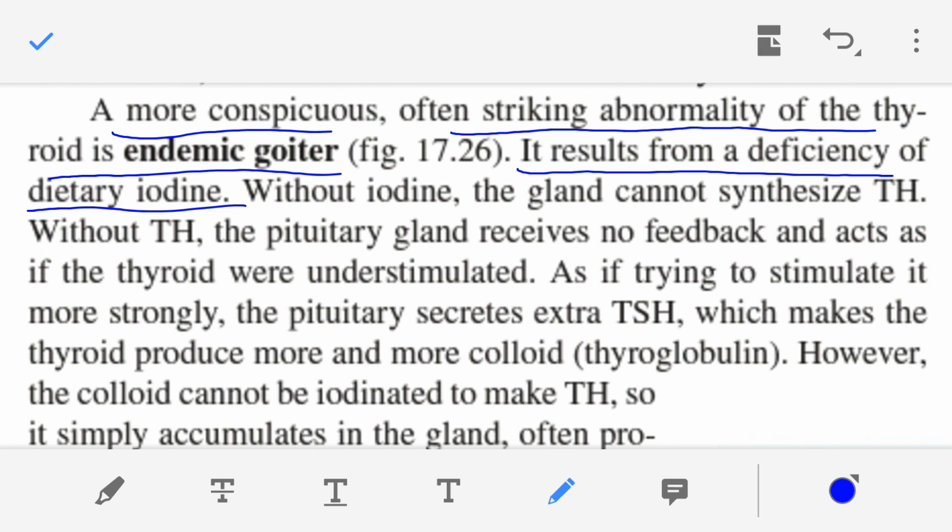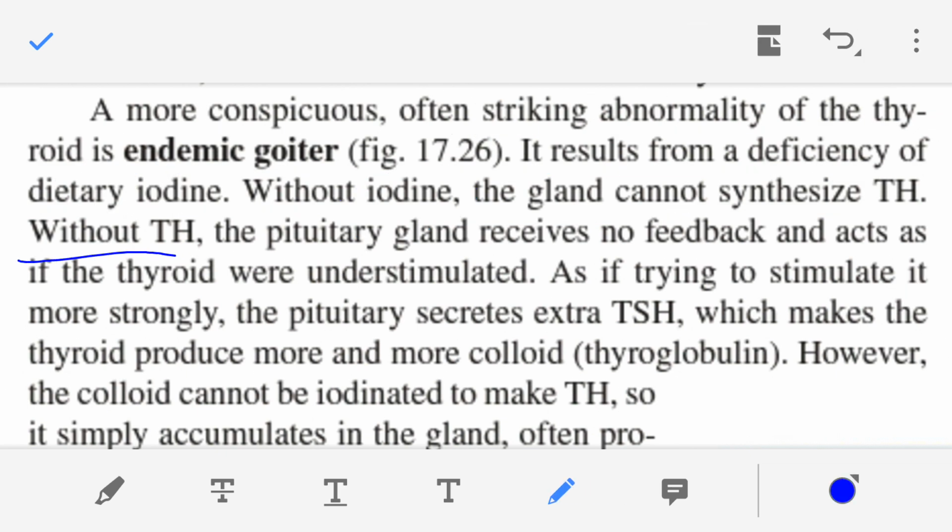Now, what happens without iodine? The gland cannot synthesize thyroid hormone, and as iodine is not there, thyroid hormone is not synthesized, and without thyroid hormone, the pituitary gland receives no feedback, and the pituitary gland acts as if the thyroid were under stimulated.